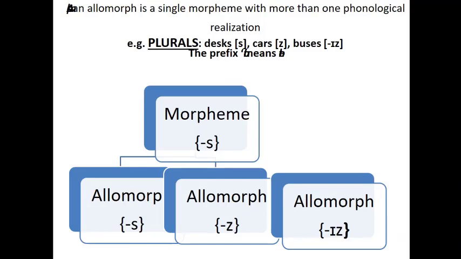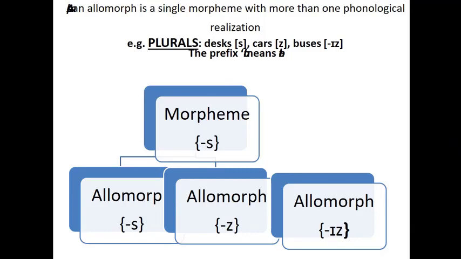But why? Why does it have more than one phonological realization, more than one pronunciation? Isn't it supposed to be just one? If it's cars, it should be cars. All words that use the S morpheme should sound the same.